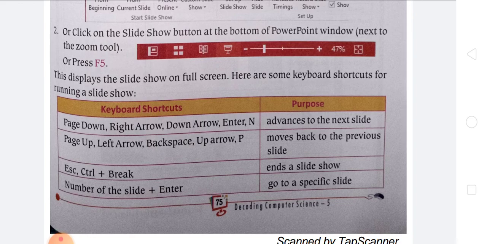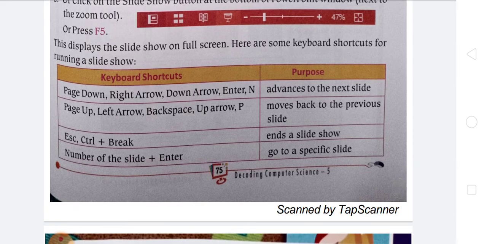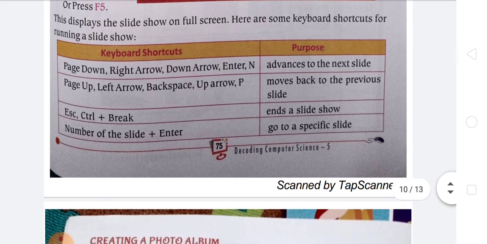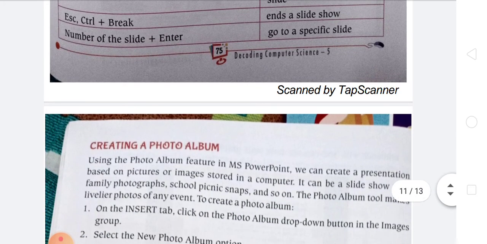These advance to the next slide. Then Page Up, Left Arrow, Backspace, Up Arrow, and P move back to the previous slide. Escape or Control plus Break ends the slide show. The number of the slide plus Enter goes to the specified slide.